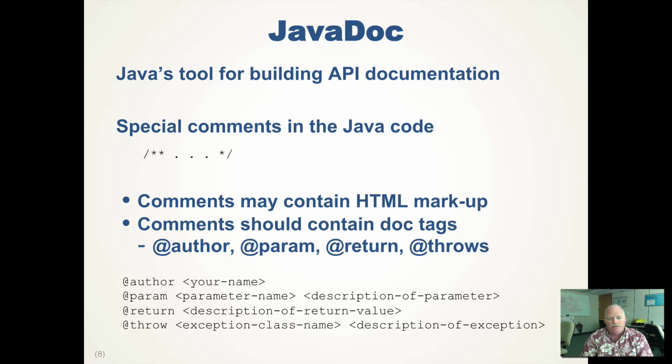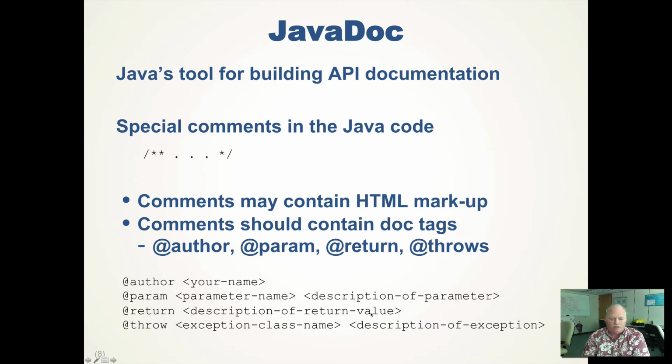For every subroutine that has parameters, you want to have an @param tag for each parameter. If the subroutine returns a value, so it's a function, you want an @return. And if it throws any exceptions, you want to say @throws. So the idea is, for @param, you give the parameter name and a description of the parameter.